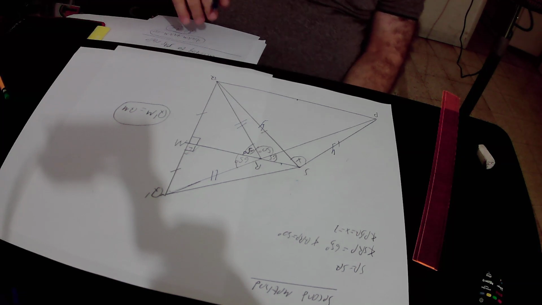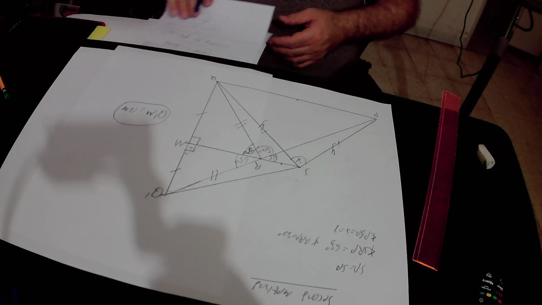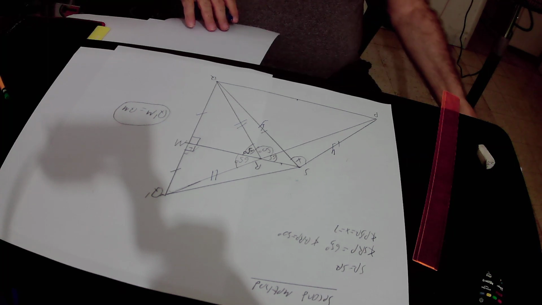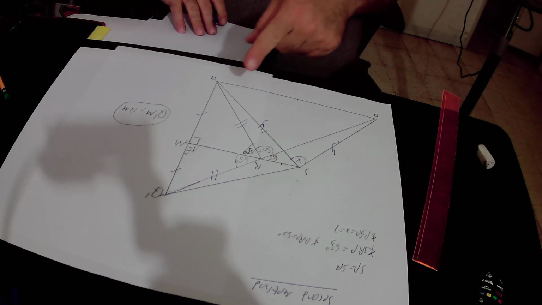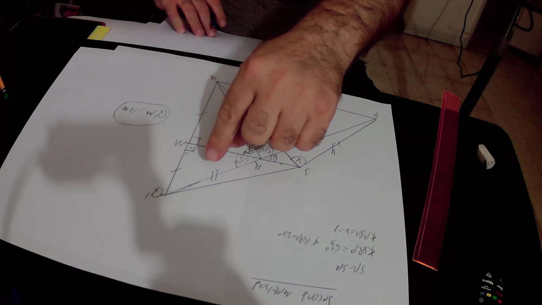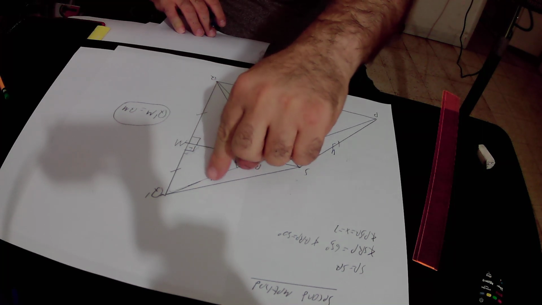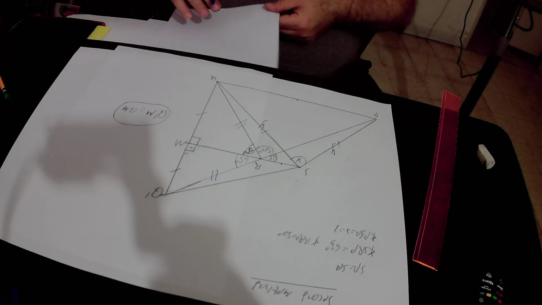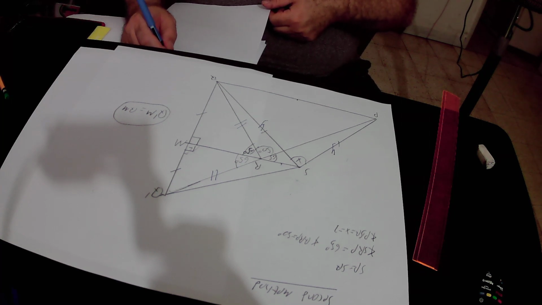Okay, so in the next step, we will focus on the right-angled triangle QMS and on the other right-angled triangle Q'MS. And we will prove that those two right triangles are congruent to each other.